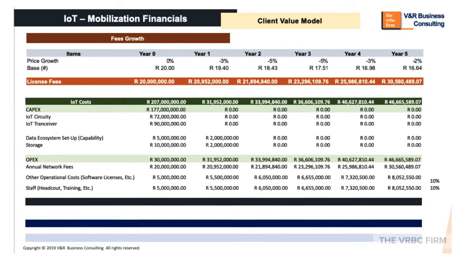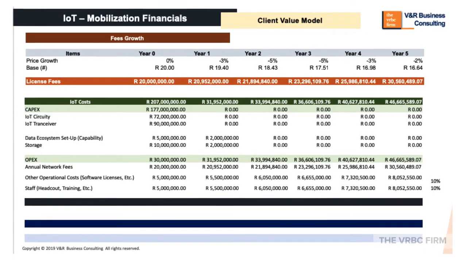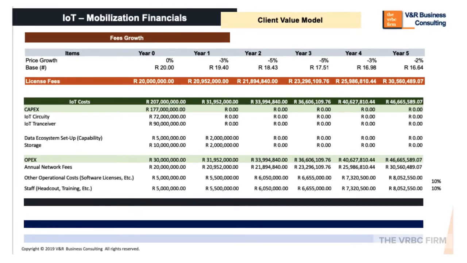The annual license fees, staff, and other costs related to running the ecosystem.